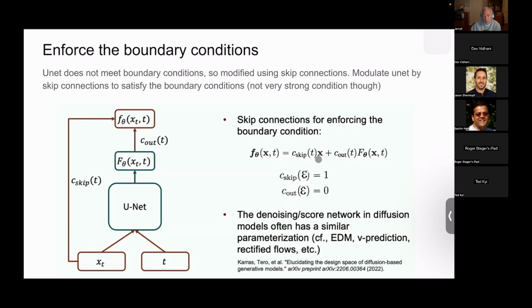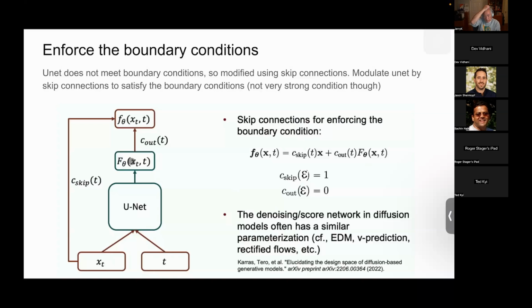Is that an approximation, or is that kind of, I don't know how to describe it, an impulse function or a switch that's only true at epsilon? So when you say approximate, yeah, at epsilon C out is 0.